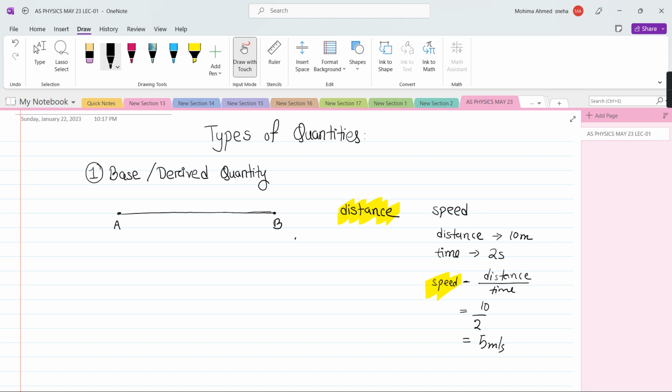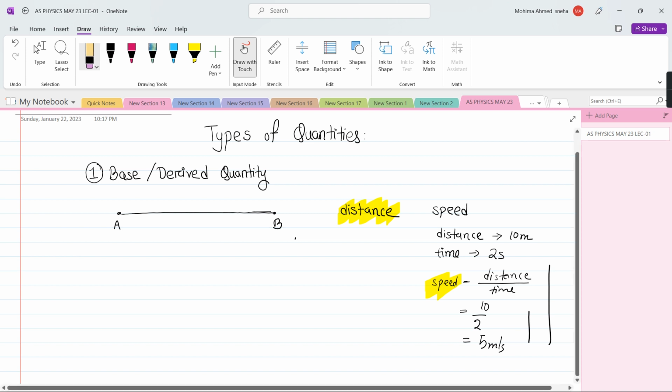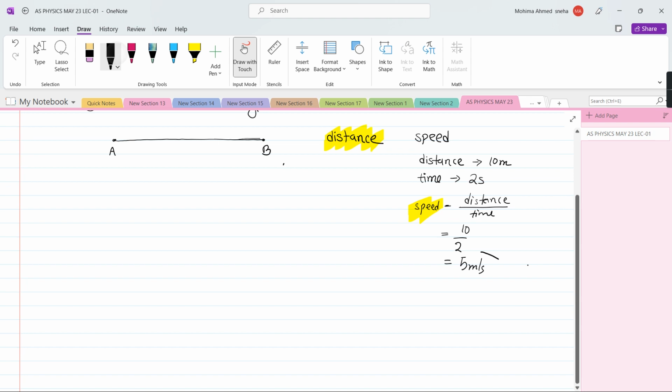Now for base quantities, there are only 7 units in our entire physics that are referred to as base, and those are mass. Let me just write it down over here. Examples of base quantities.